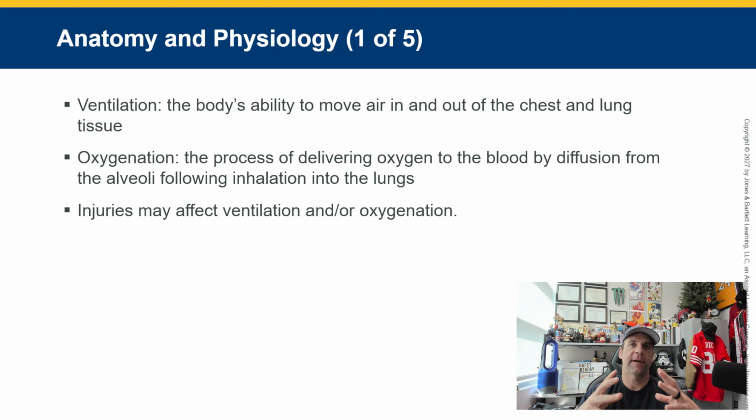For example, fractured ribs or a flail segment may make ventilation painful or ineffective. A lung injury, fluid, blood, or collapse of the lung tissues may interfere with oxygenation, even if the patient is able to mechanically breathe. That distinction is important because a patient who is breathing fast is not necessarily breathing effectively.